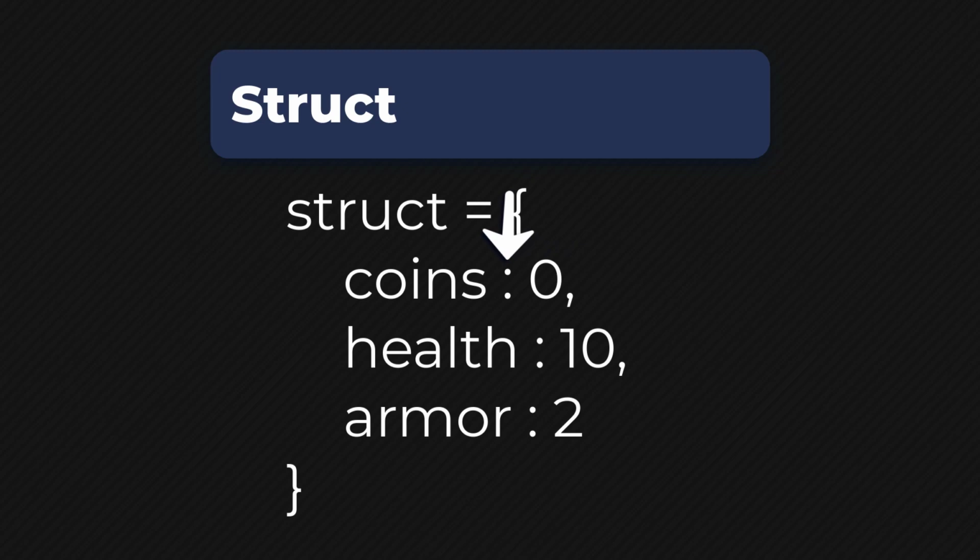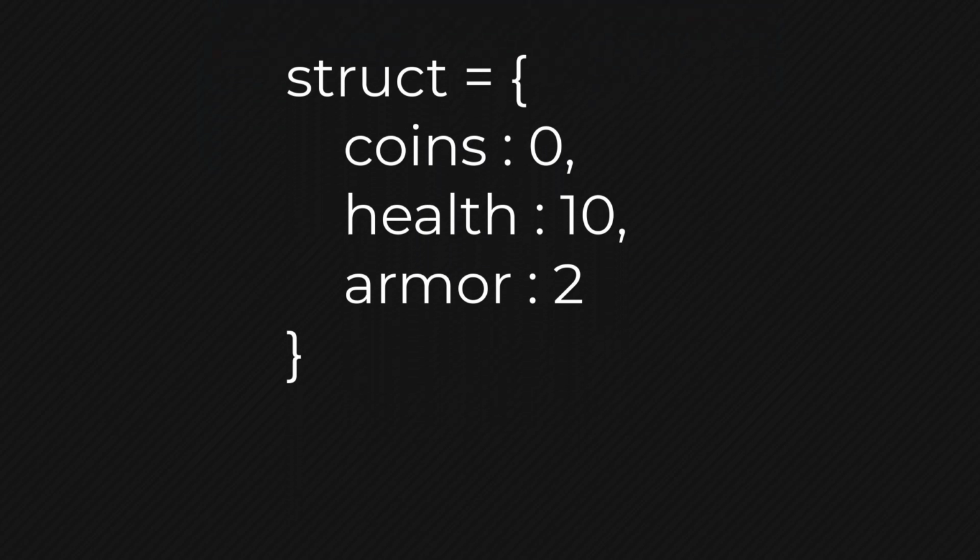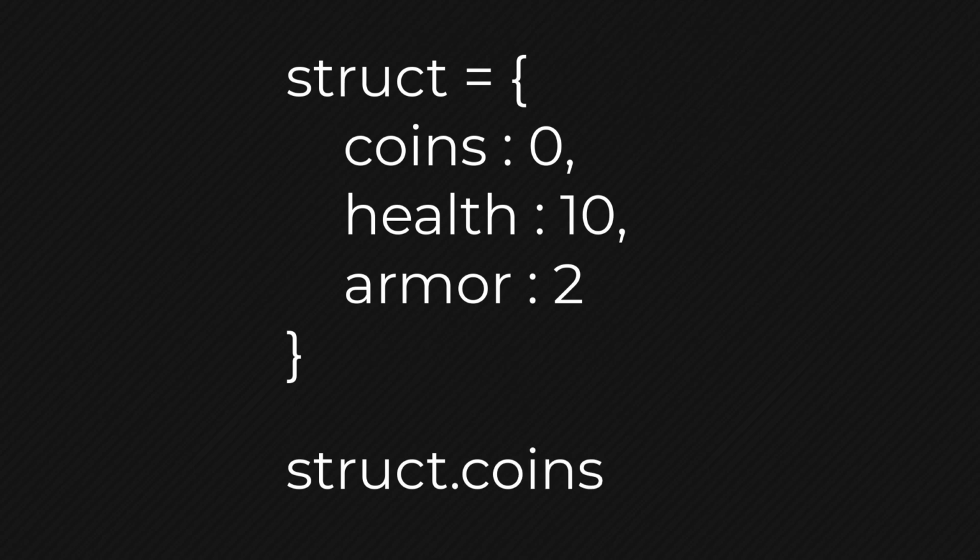This is simply how you create variables inside a struct. You can then add a comma and create more variables and so on, and this is simply what a struct is. Now to get a value from a struct, you simply write the name of the struct followed by a dot and then the name of the variable that you want to access. So creating and using a struct is just that simple.